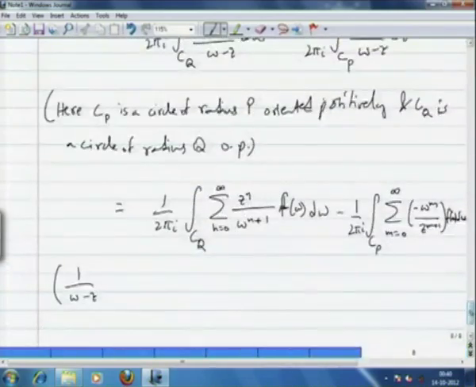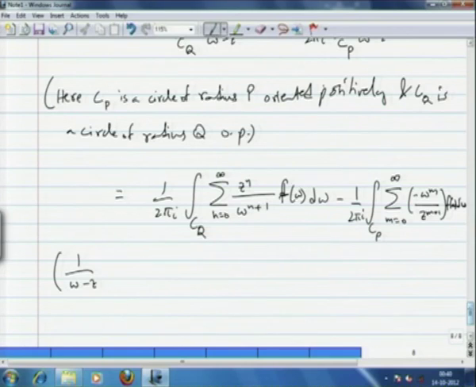So when w ranges on C q, the modulus of z by w is strictly less than 1.